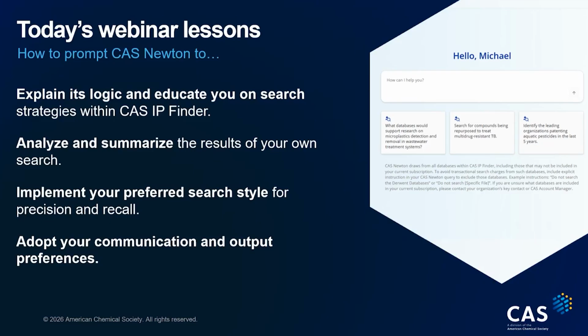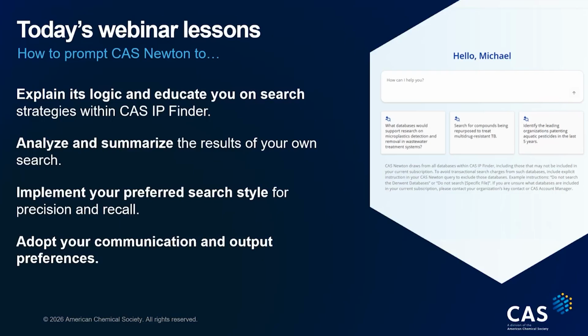So maybe you have some very specific expectations around the search process or query building, or even how to sort, analyze, or display results. You certainly can dictate to Newton how it does that for you. And the same with communication preferences.